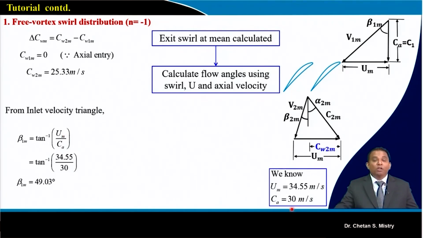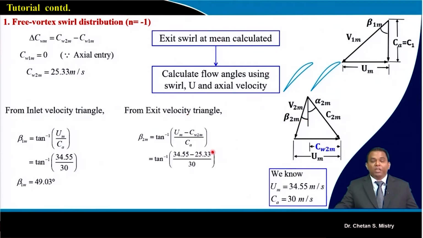Based on that, we can calculate my entry air angle, beta 1. Similarly, based on my exit velocity triangle, we can calculate my beta 2. Here tan beta 2 is nothing but minus Cw2m divided by Ca. Cw2 is known to us, my axial velocity is known to us. We can calculate my beta 2 at the mid section.